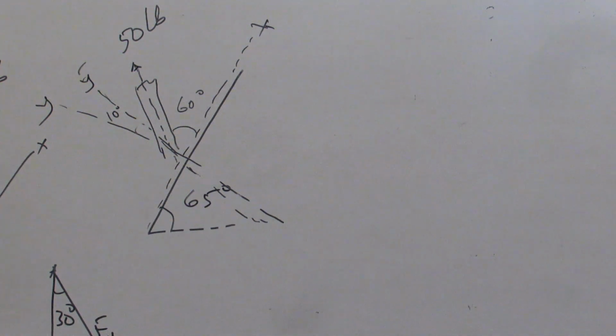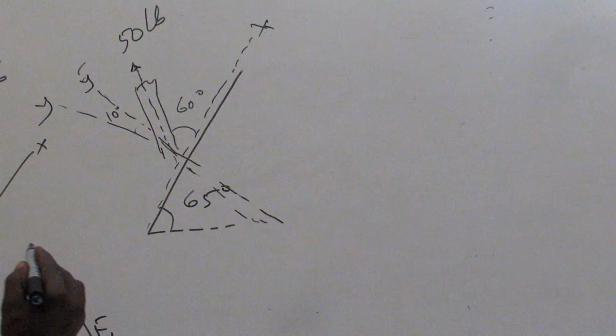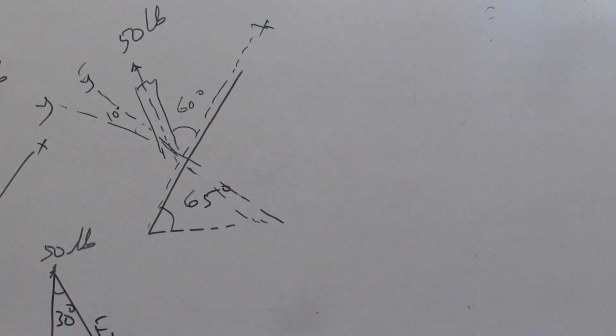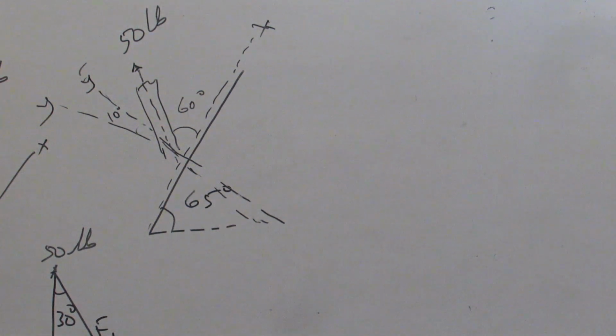So from this triangle, we have 50 over sine 90 degrees is equal to FX over sine 60 degrees. Remember, this is 50 pounds. From here, our FX is equal to 50 sine 60 degrees all over sine 90 degrees.